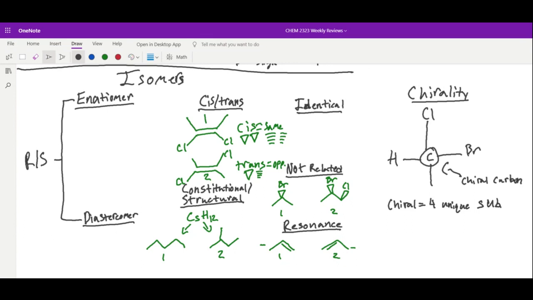Now, something we have to understand about chirality is R and S. R is clockwise and S is counterclockwise.